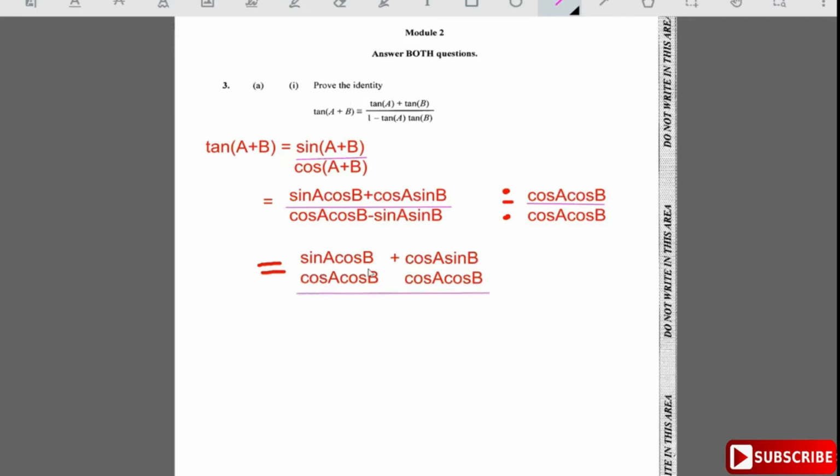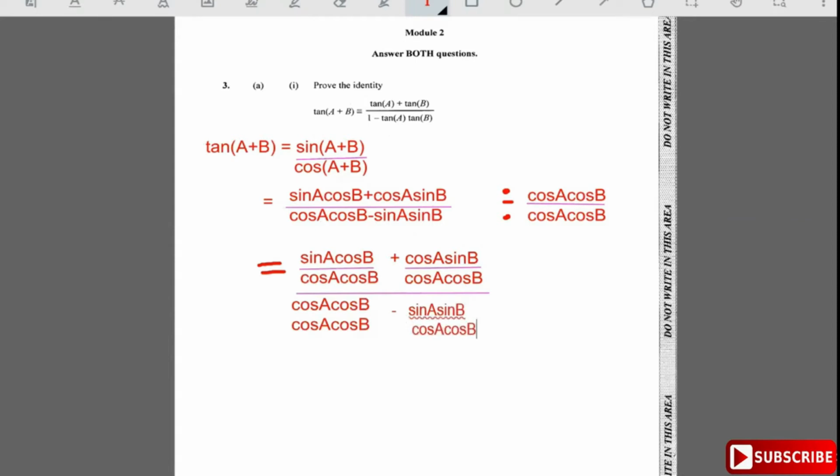That's the division for the numerator. Now the division for the denominator will be cos A cos B over cos A cos B, and then of course we have a minus sine A sine B over cos A cos B.